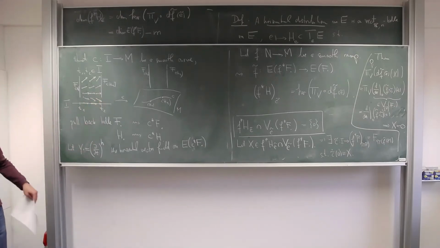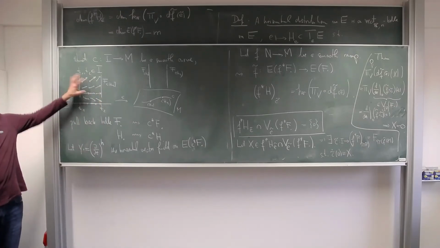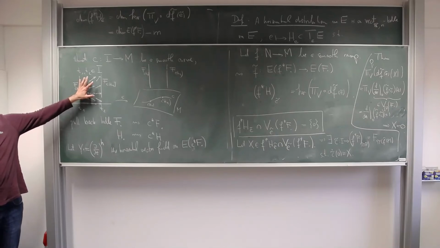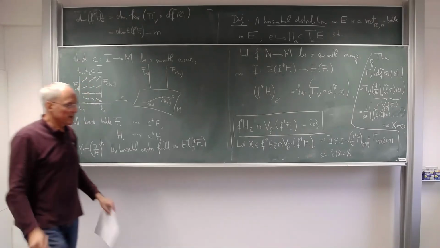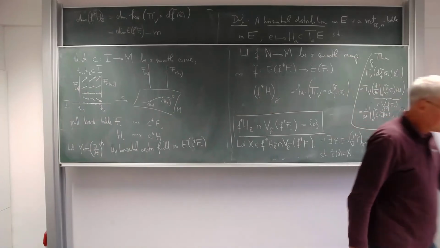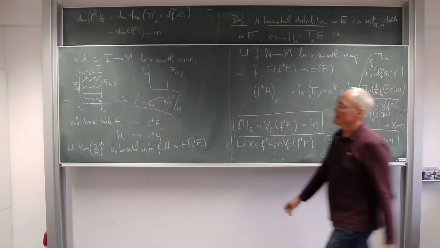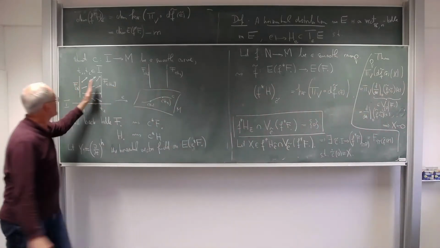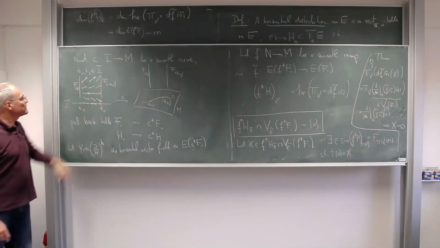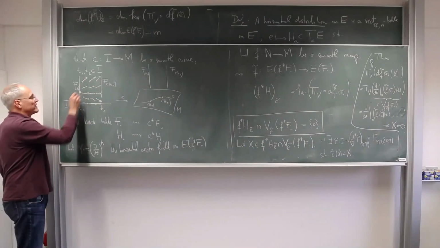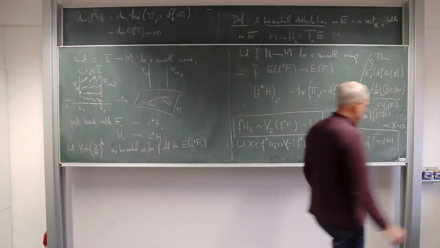Anyway, I have some vector field now on my total space of the pullback bundle. And now I can tell you what the map would be from this fiber to that fiber.